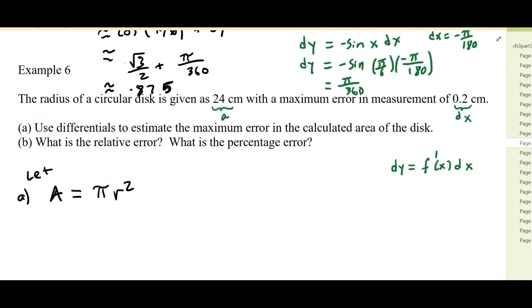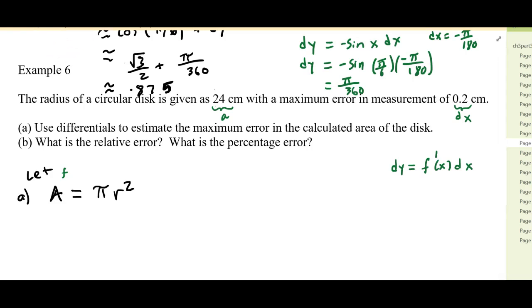That is like our f in this definition. And r is like our x, right?